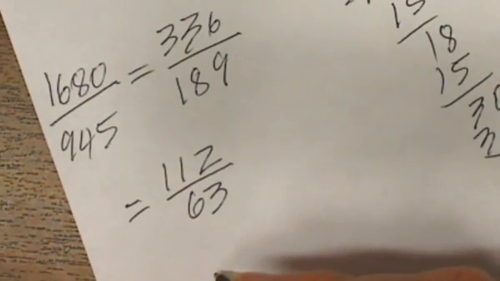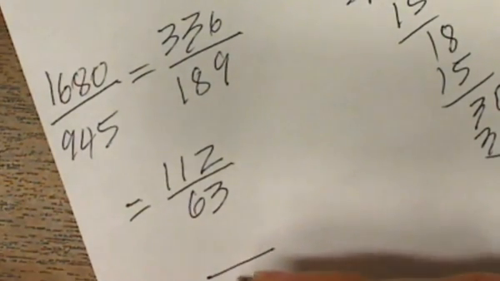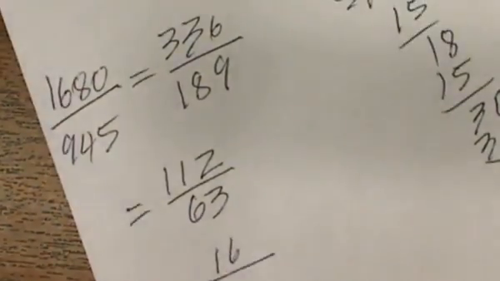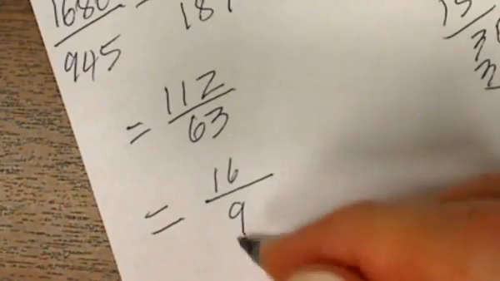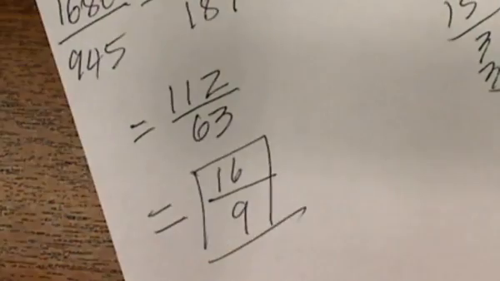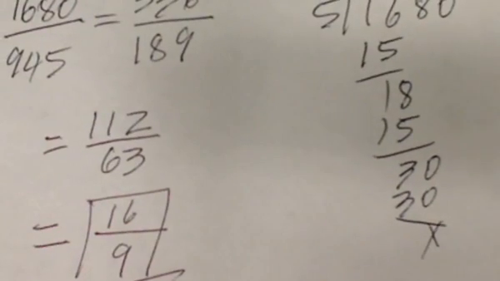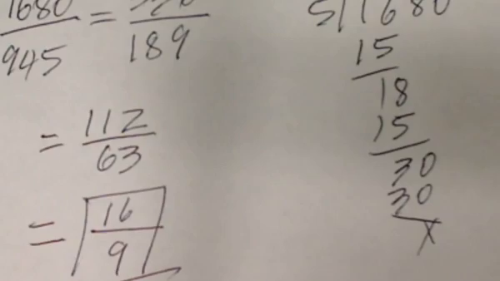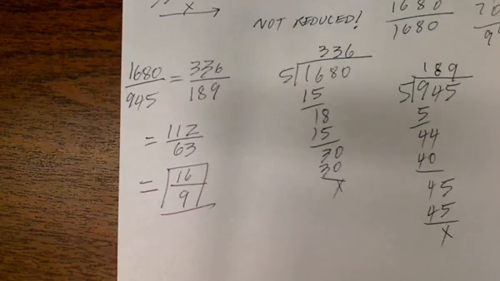I didn't either, but I divided it when I practiced this problem, and 112 divided by 7 is 16. You can do the long division for yourself if you like. The answer is 16 over 9. Look at how much space that problem took up using that particular method. We used half a page of paper.